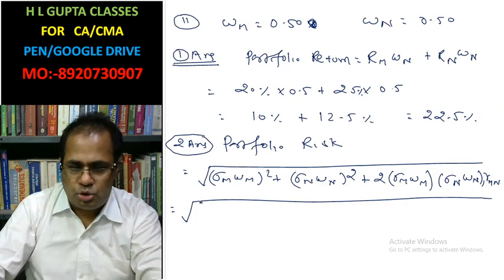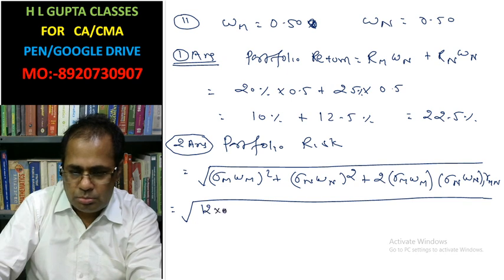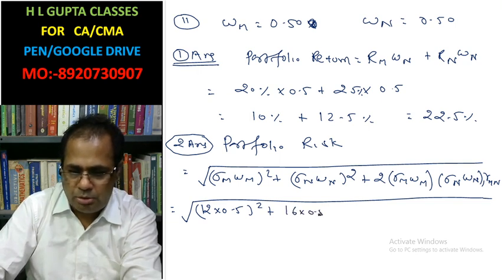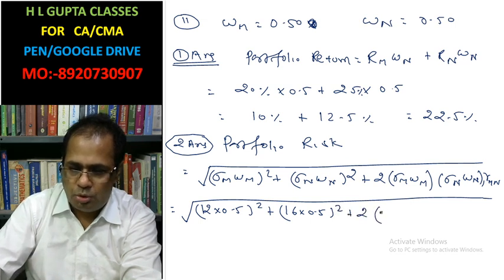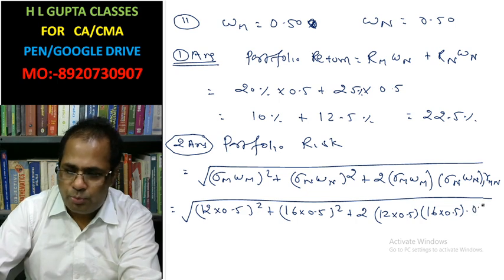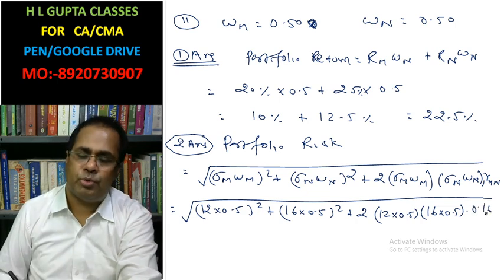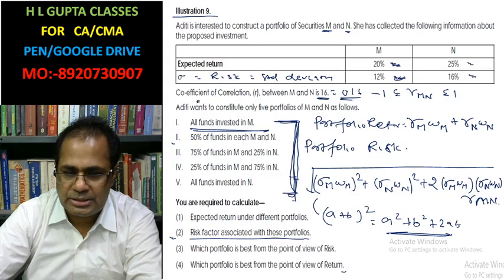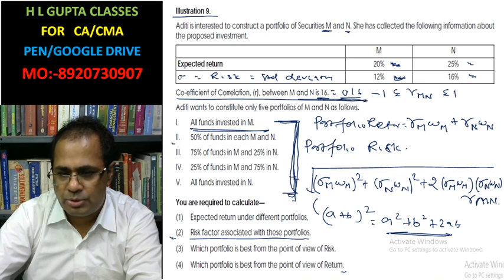So 12 into 0.5 whole square, plus 16 into 0.5 whole square, plus 2 into 12 into 0.5 into 16 into 0.5 into 0.16, the coefficient of correlation given in this case.